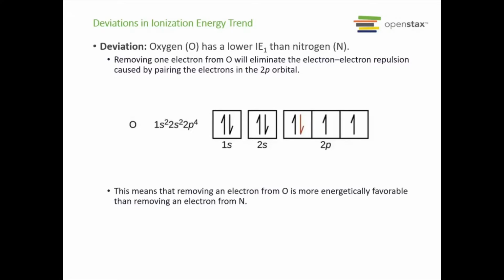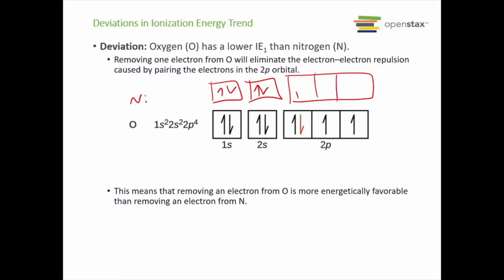Another example, oxygen has a lower ionization energy than nitrogen. So this is because nitrogen, it's 1 less than oxygen. Just kind of draw it here. Nitrogen has these 3 unpaired electrons in the p orbital. So it's 1s2, 2s2, 2p3.